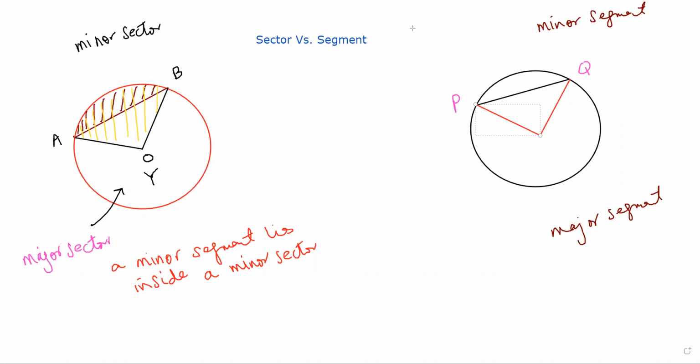Now if I shade this one, so I'm shading the major sector, that is shaded green. And now I'm shading this blue. So what should I call this blue region? Isn't that the major segment? So this time, the major sector is inside the major segment.